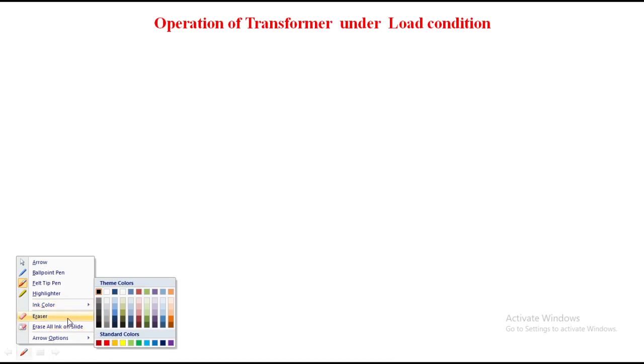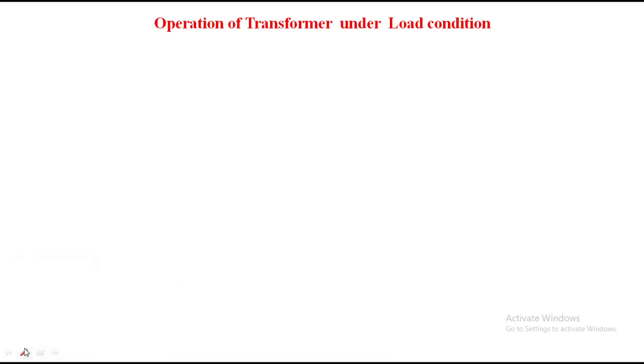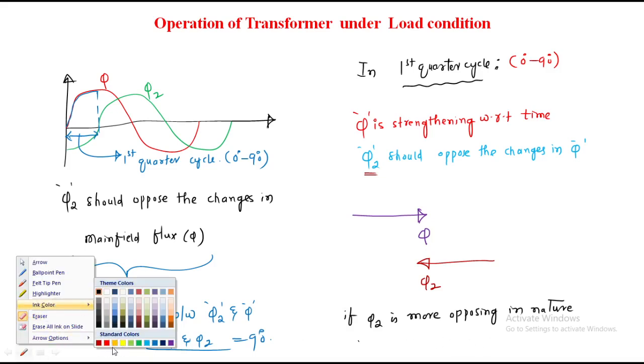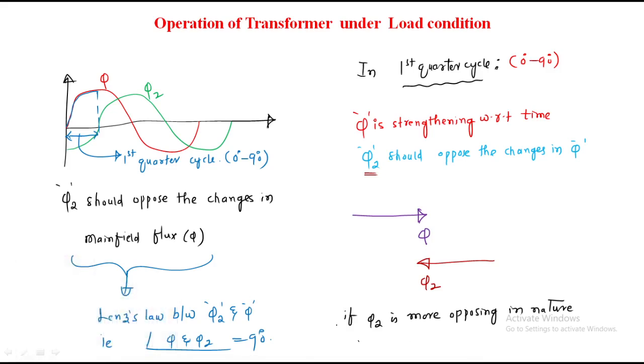Not the resultant flux, can we modify this statement? If phi 2 is more opposing in nature, obviously, can we write there is a reduction in back EMF?